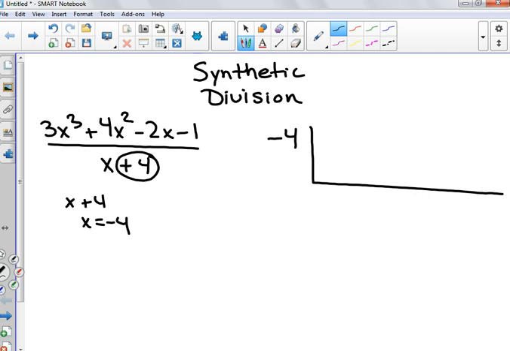Now, in order for this to work, this has to be 1, and this one has to be 1 as well. If those two terms are not 1, there's other tricks we have to do, but for now, just make sure that the exponent is 1 and the coefficient is 1.